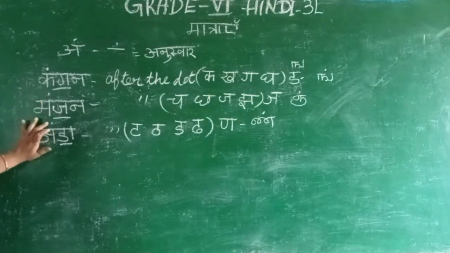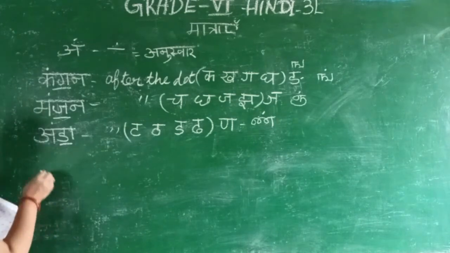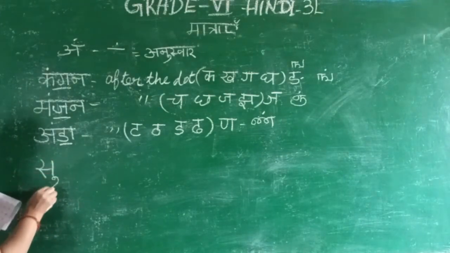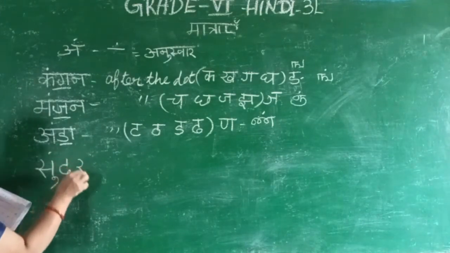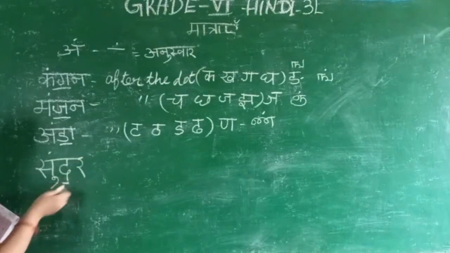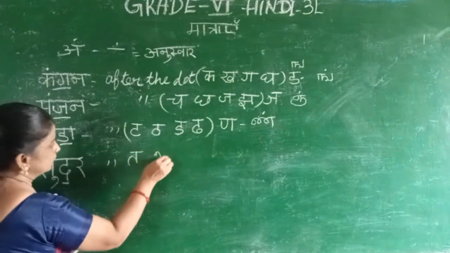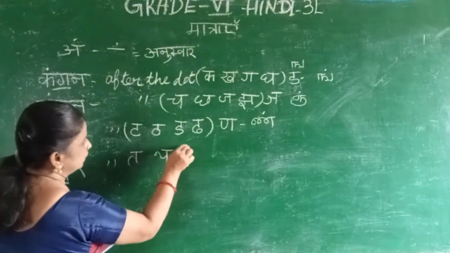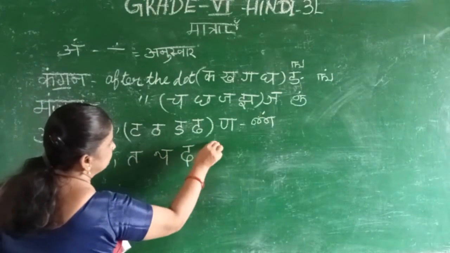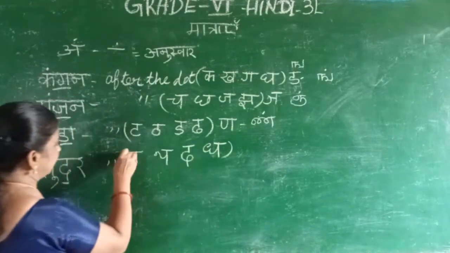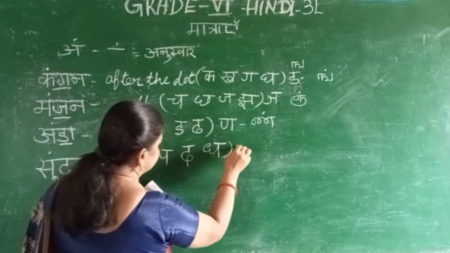So a, in, da, anda. Next one, ta varga. See here, da. This also after the dot: tha, tha, dha, dha. How to pronounce the sound after the dot? Ind.